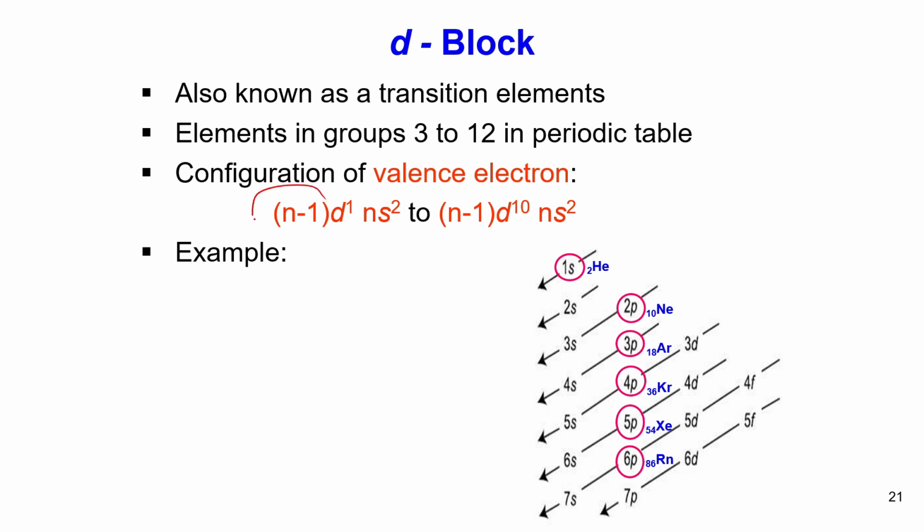So here, if we have 3d1, the principal quantum number for the s orbital must be larger by 1 compared to the d orbital. Meaning if it is 4s2, it is 3d1. If here it is 4d1, then here we need 5s2, it must be 1 more. The reason is that we will fill electrons in the s orbital first, then only go to d.